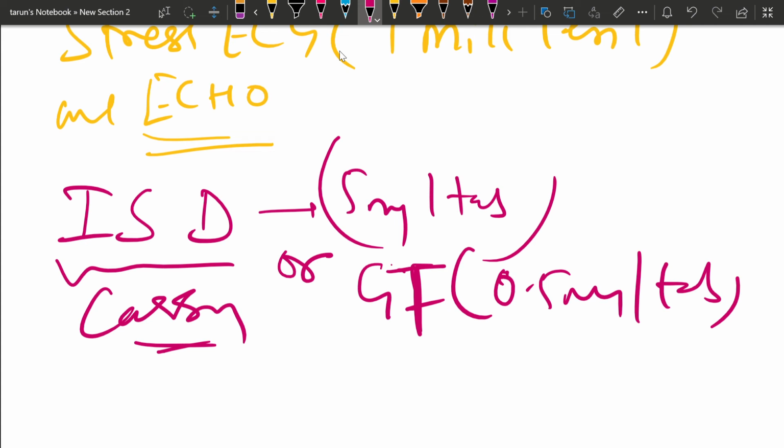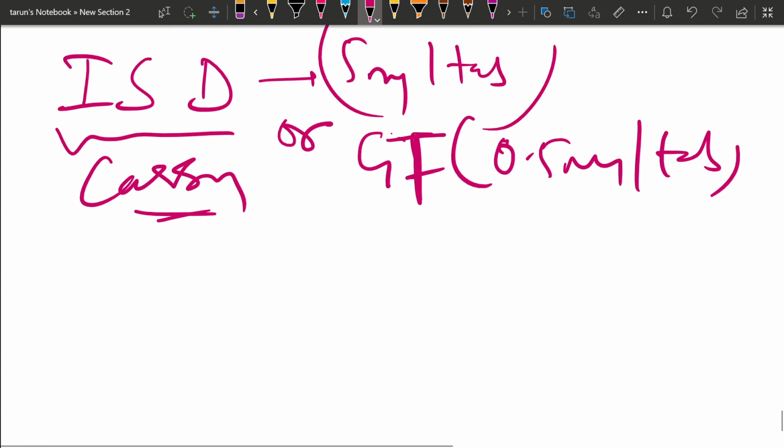The patient should carry it with him, and it should be kept under the tongue whenever the patient is having chest pain.